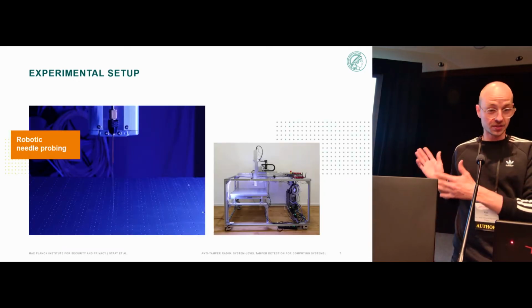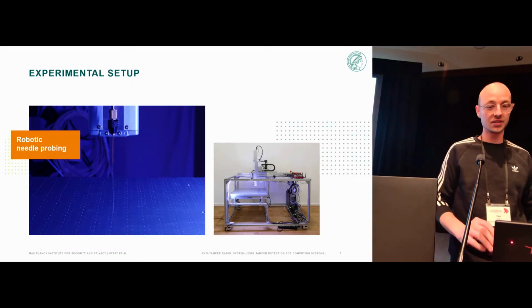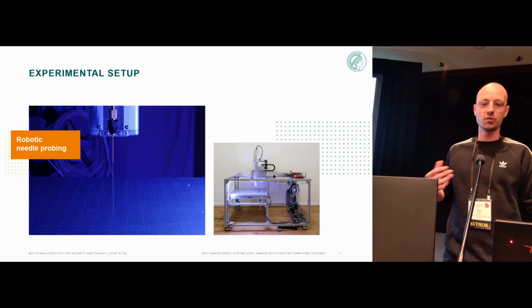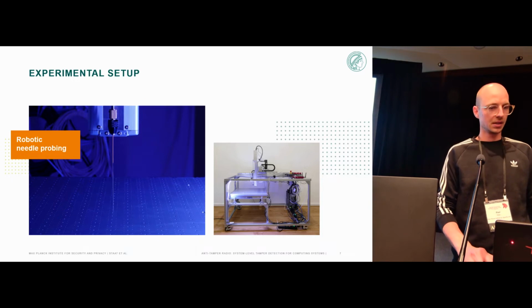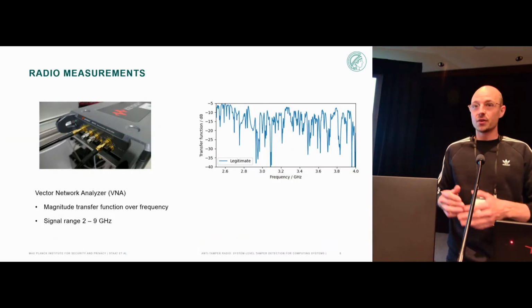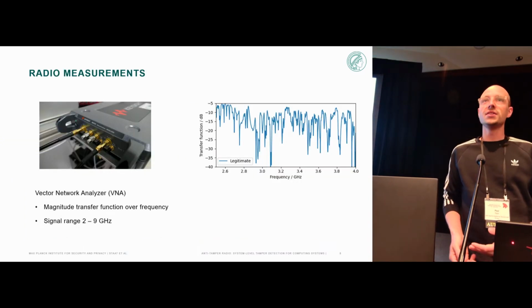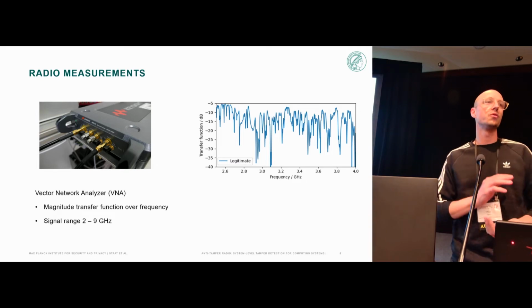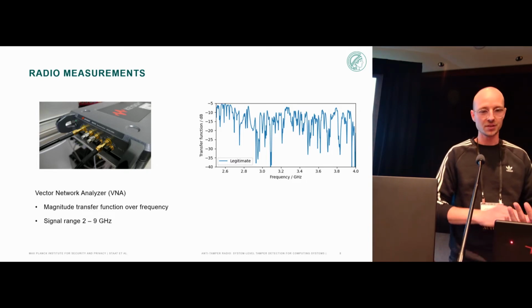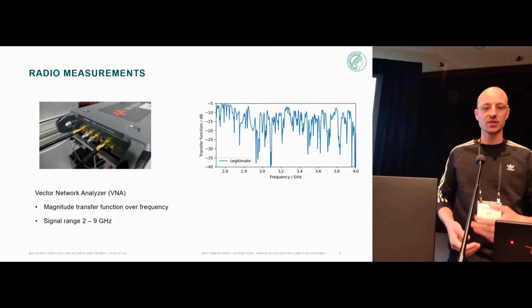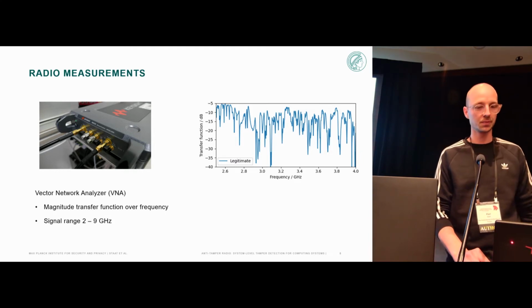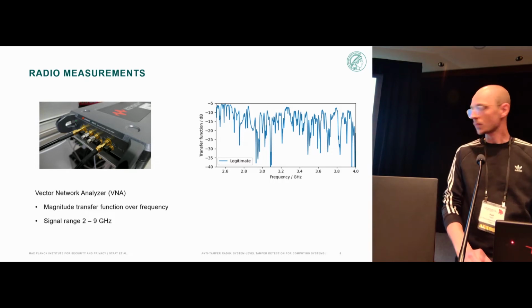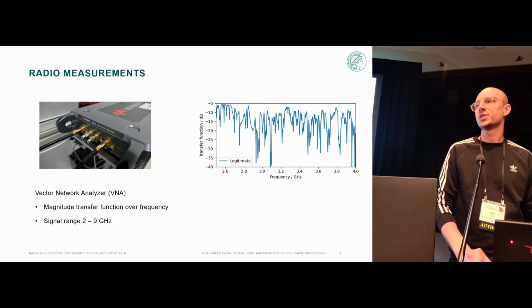This is what the setup looks like, and this is also the experimental setup which we have used in the paper to gather all the results which we report there. To measure the radio propagation behavior in the test environment, we use a so-called vector network analyzer. This measurement instrument gives us the frequency domain transfer function in the gigahertz signal range. On the right-hand side, we see an excerpt from such a transfer function.